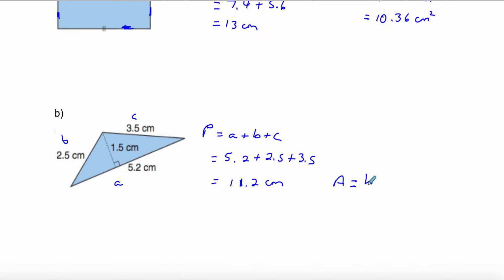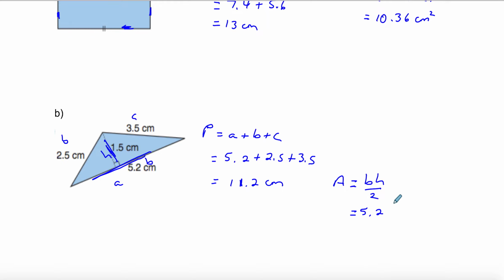And the area for a triangle, I just look on the formula sheet. It says it's base times height divided by 2. So the base is always whatever is perpendicular to the height. So this is the height. This is the base. So the base would be 5.2.